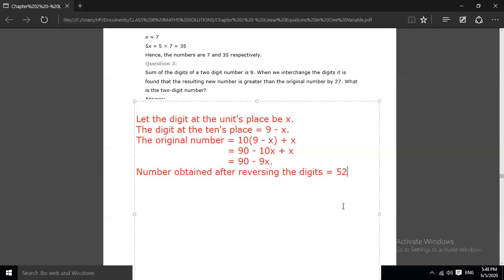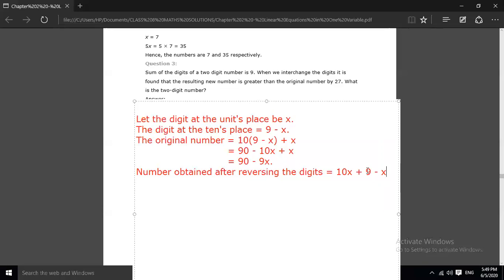Similarly, x will come at the tens place, so we write 10x, and the second digit is multiplied by 1, so it remains 9 minus x. So 10x plus 9 minus x.